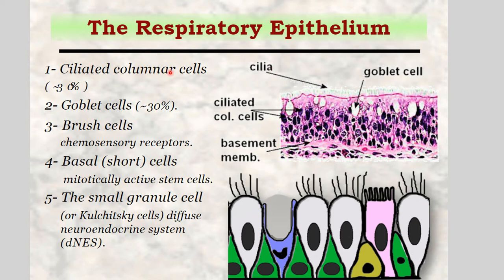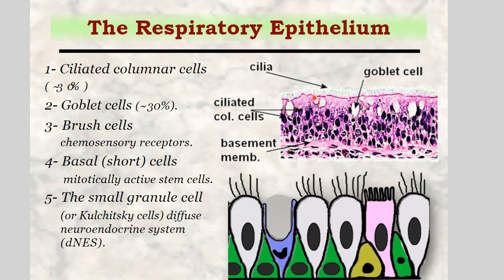So the ciliated columnar cells, the cilia, and the goblet cells, which are also around 30%, they secrete mucin and give rise to mucus, which is a flexible gel-like material.